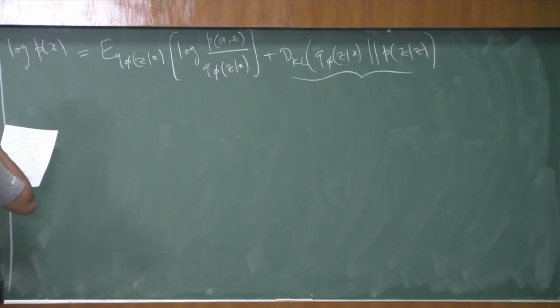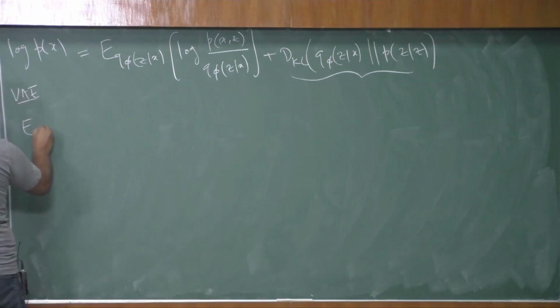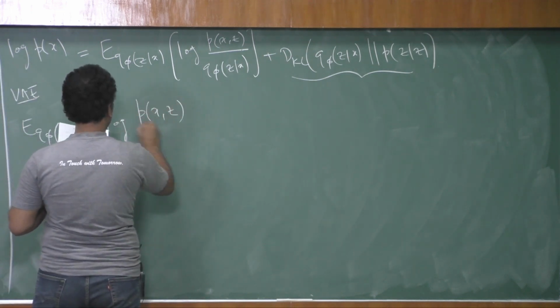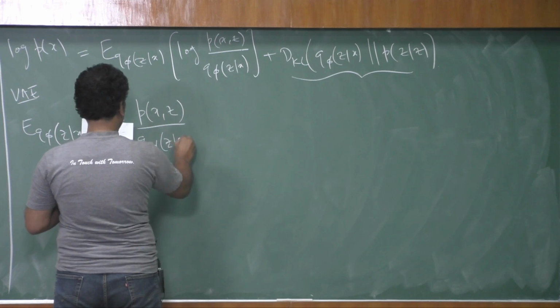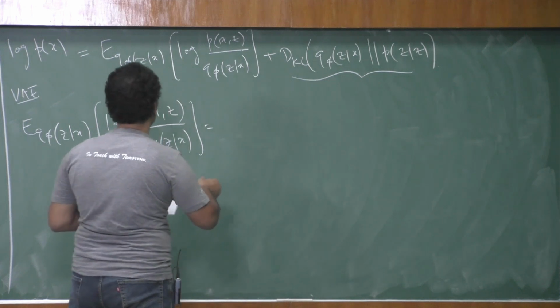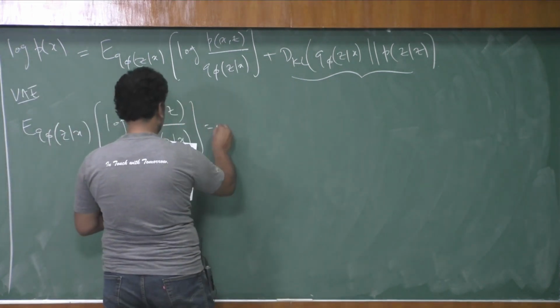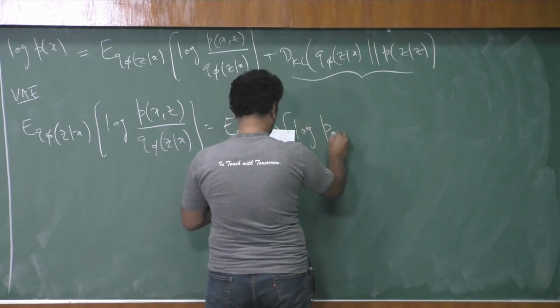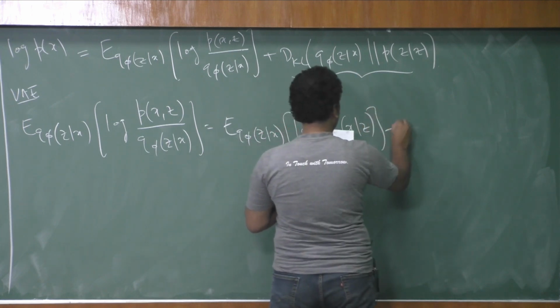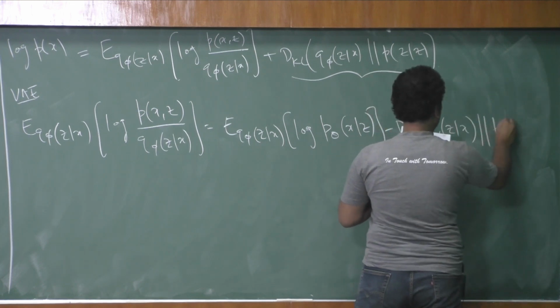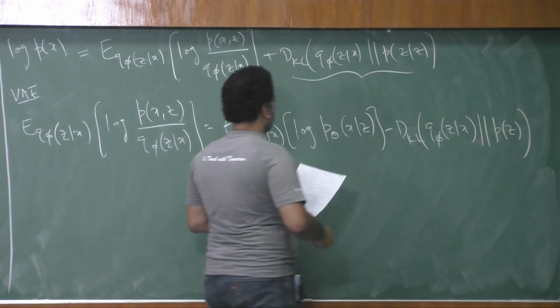In the VAE we have the expectation over q_phi(z|x) of log of p(x,z) divided by q_phi(z|x), and we solve for this from here. Then we have that this is the expectation over q_phi(z|x) of log p_theta(x|z), minus the KL of q_phi(z|x) and p(z).